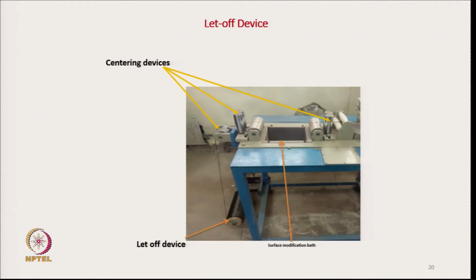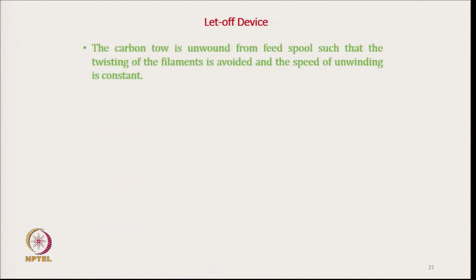So, now you can see the modified let-off device is at this point and here it is a centering device, these are the centering points and tension variation was minimum at this point. So, carbon toe is unwound from the spool such that twisting of the filament is avoided and speed of unwinding is constant.